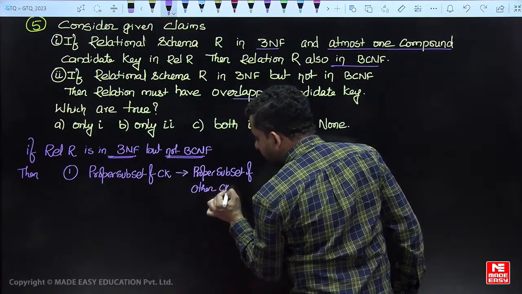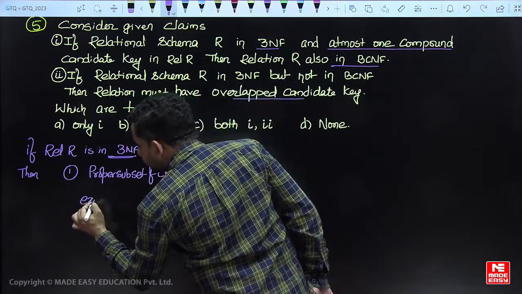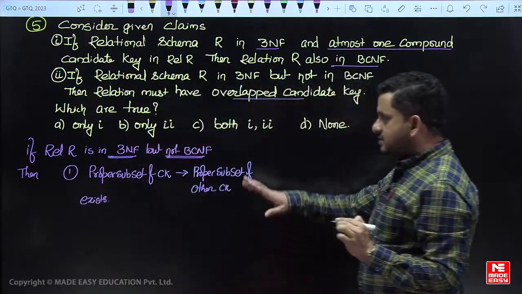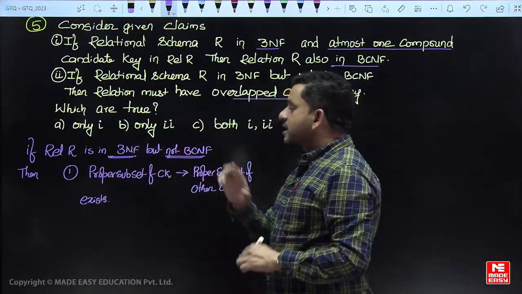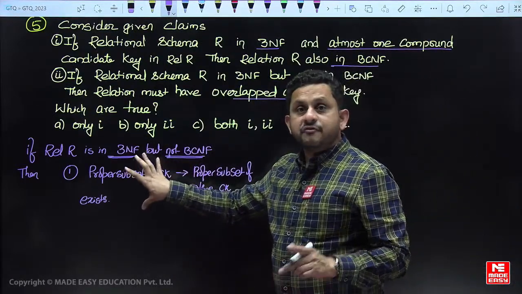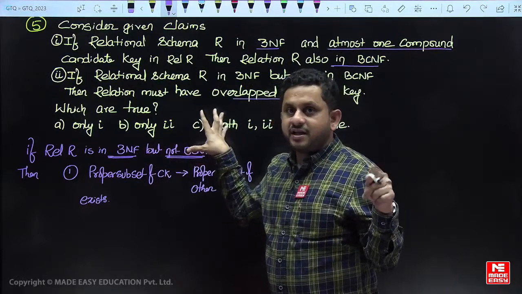This kind of FD should exist, and only then can a 3NF relation fail BCNF.